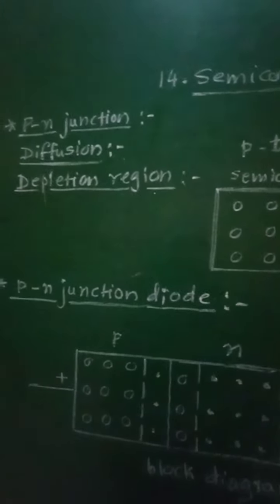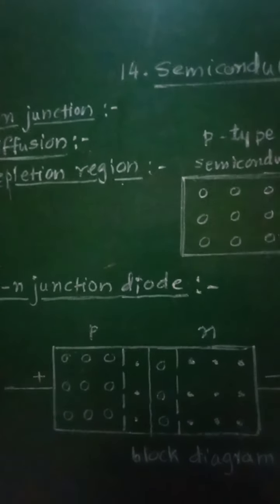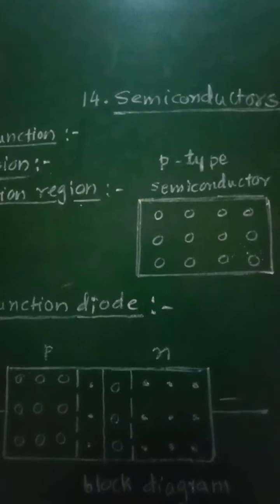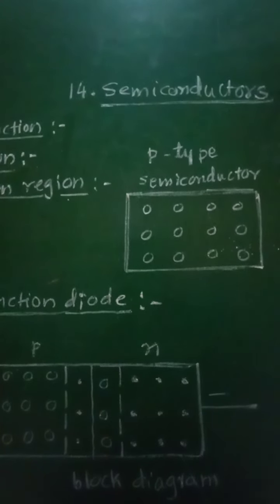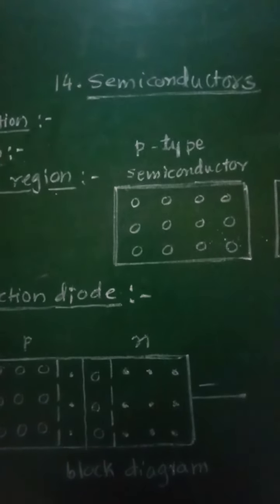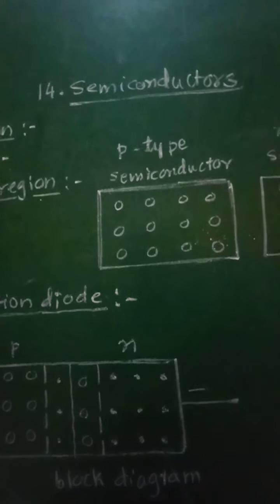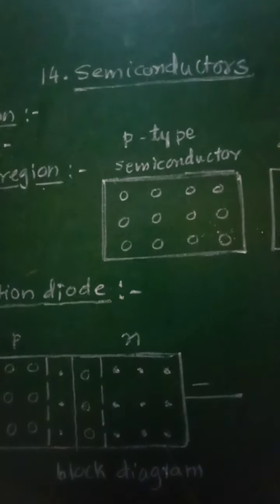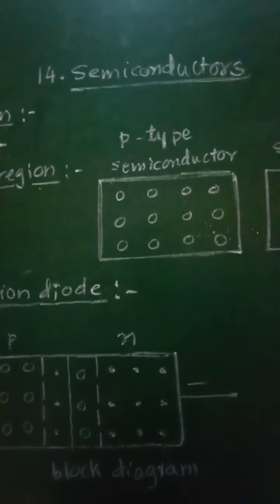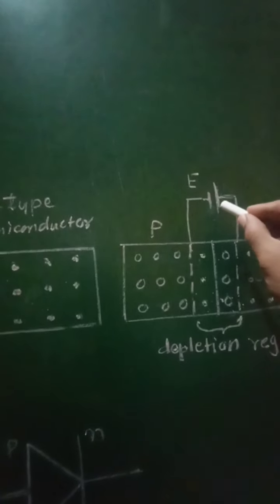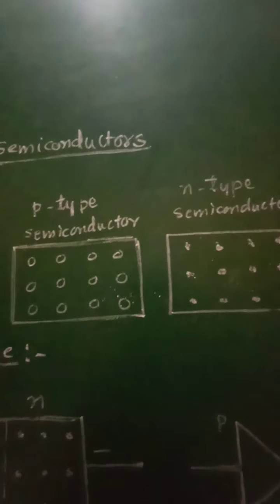That region which is formed due to the diffusion of charge carriers near the junction is the depletion region. The diffusion of carriers across the junction builds a potential difference across the junction. This potential difference is called the barrier potential, E. So this potential difference is nothing but the barrier potential across that junction.